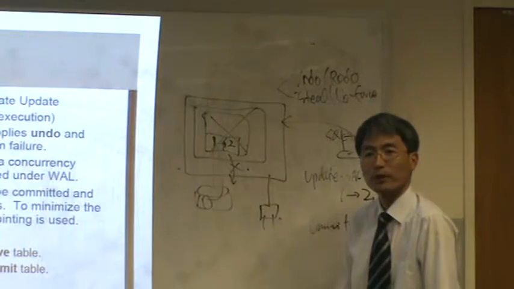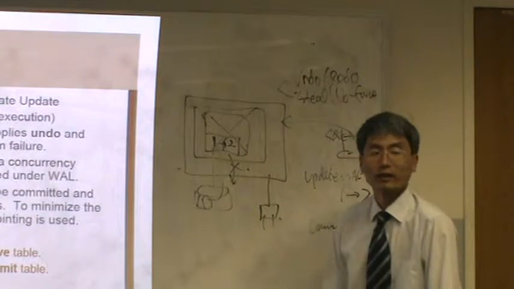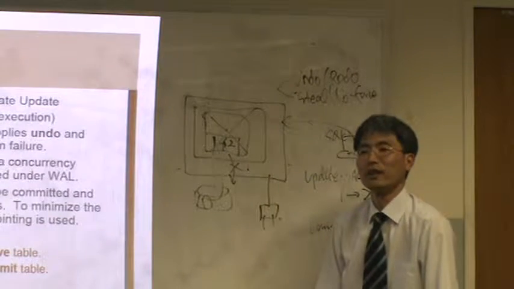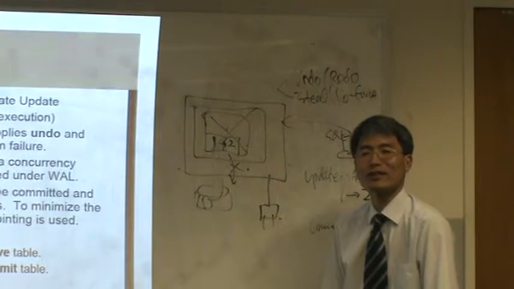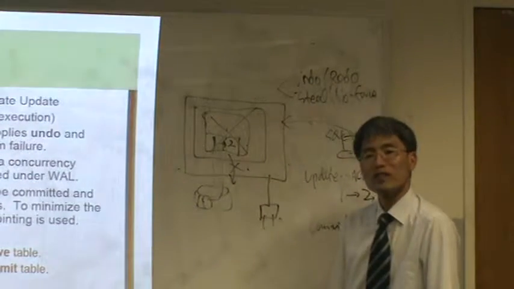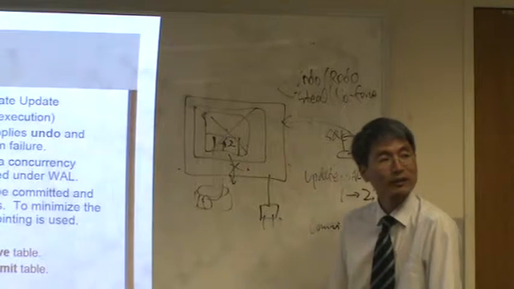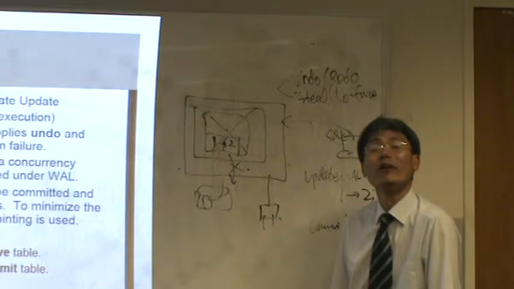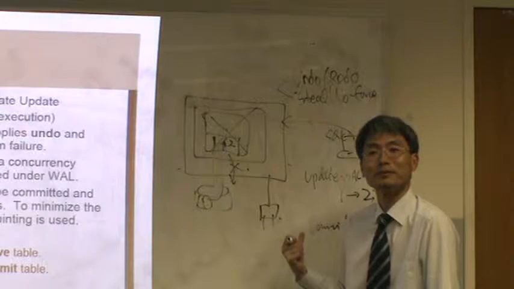You lose memory information. Then when you start up the database again, explain what's going on. Nothing? No. This is supposed to be 2, but it's still 1, right? What happened? Nothing?